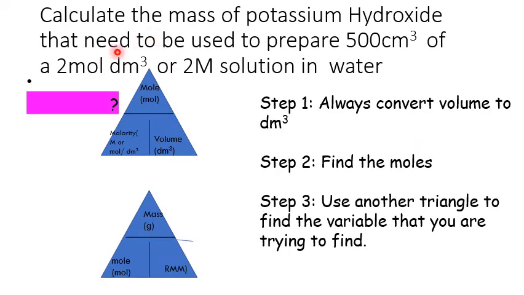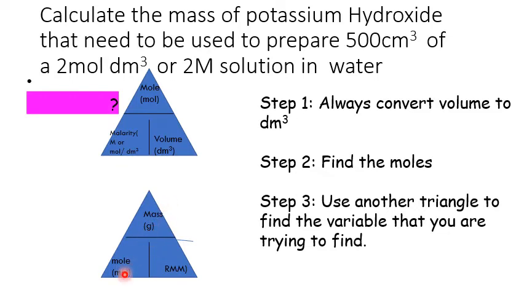So here I would have selected these two triangles. The reason I selected them is because here I have mole per dm cube, or 2 M, and that's my unit for molarity. So I have molarity and I also have volume, so I could easily use this triangle to find my moles. Remember, you have to always find your moles first and then use a different triangle to find the other variable.